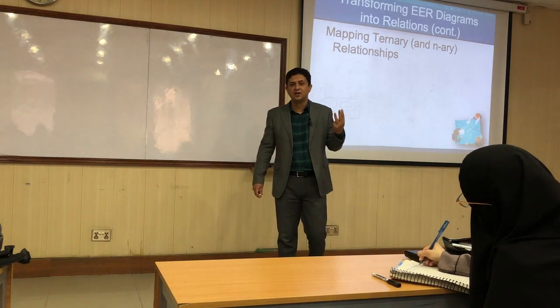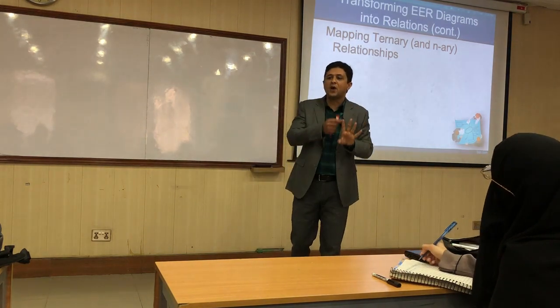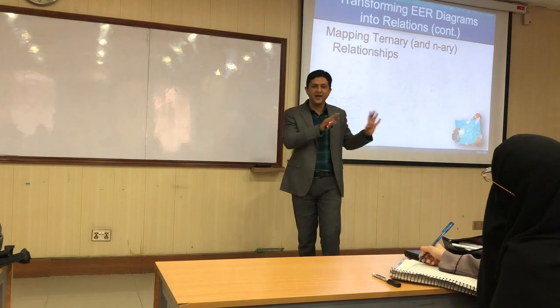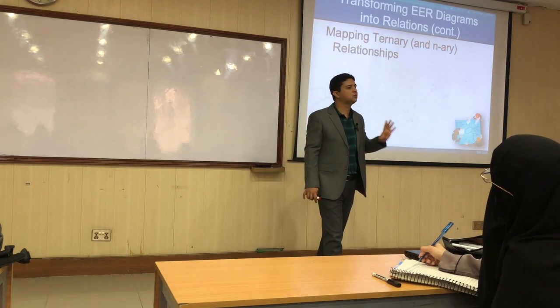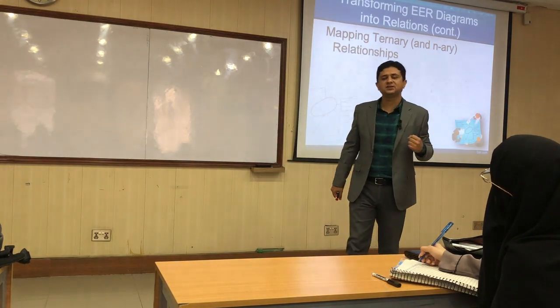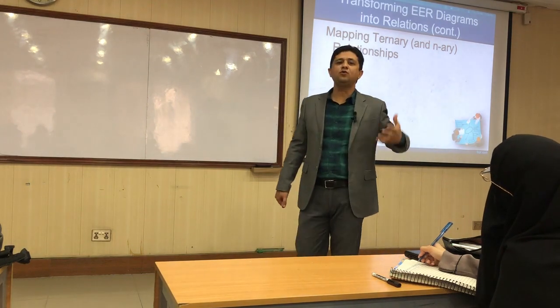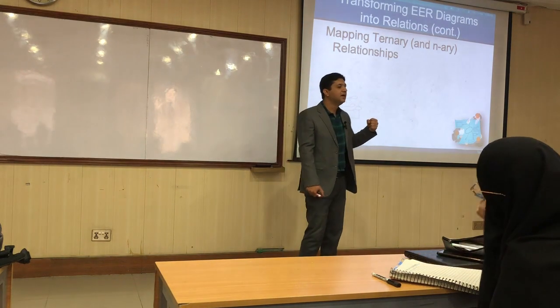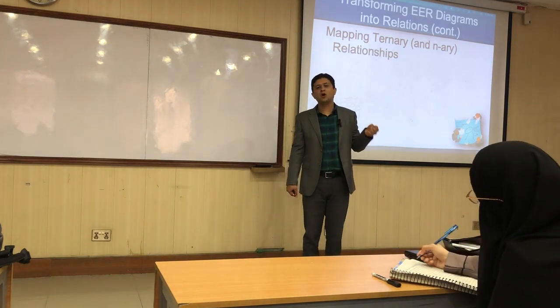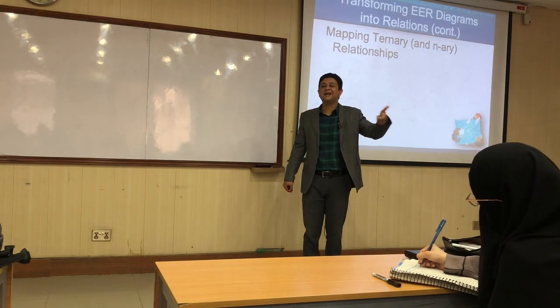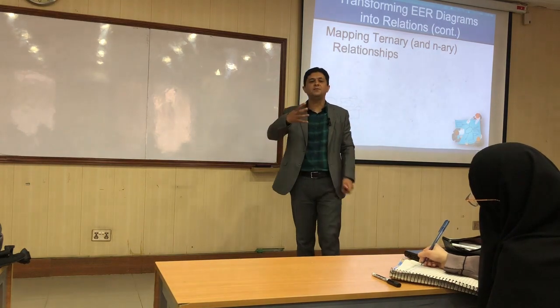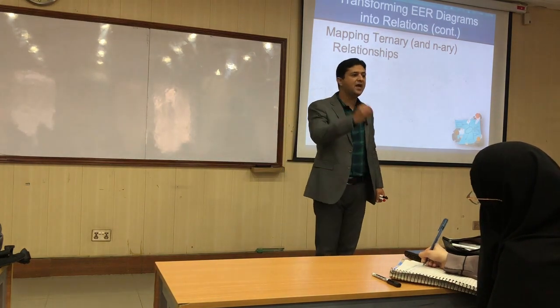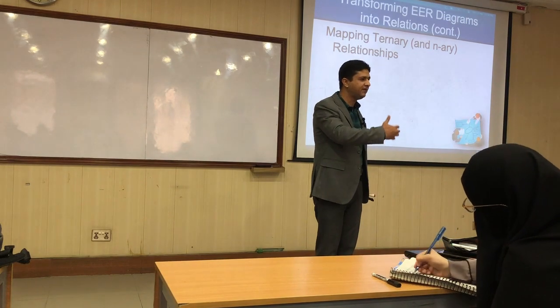If the degree is 3, we'll have 4 relations: one for each basic core entity and one for the associative entity. And because there is always a one-to-many cardinality relationship whenever an associative entity is created, there is always a one-to-many cardinality relationship between the participating entities and the newly created associative entity.